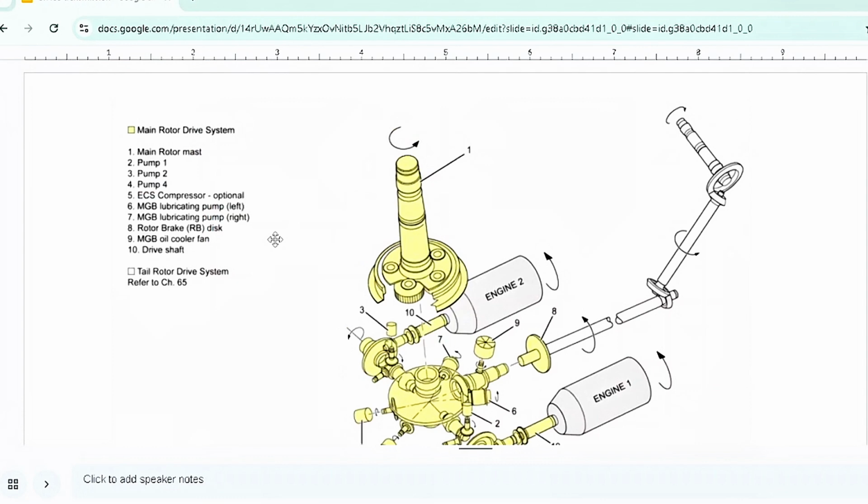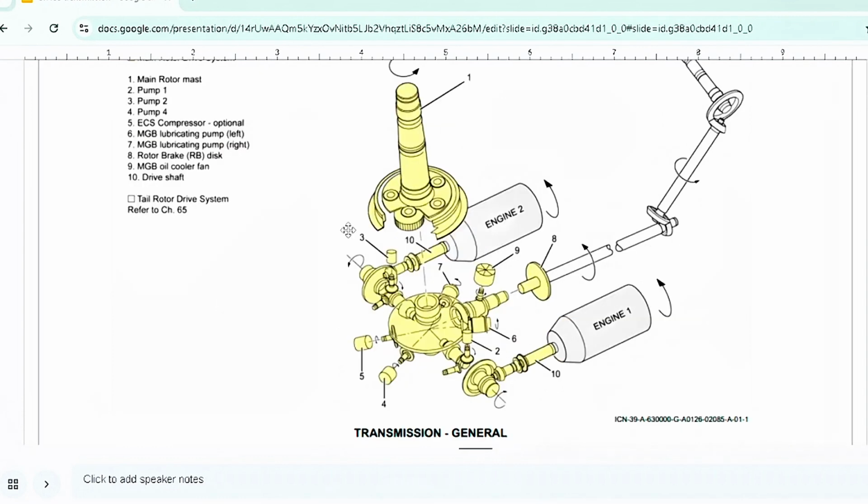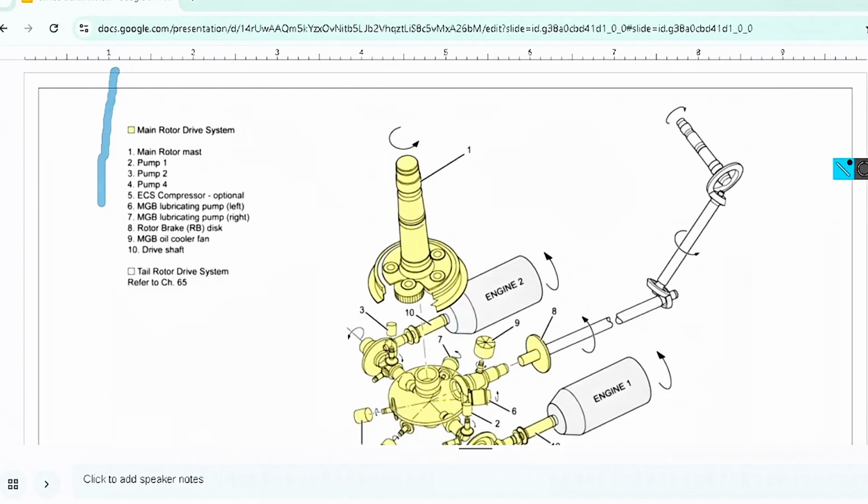Now here is the diagram of the AW139 transmission system, and some things are mentioned here. The main rotor is installed here. The tail rotor is installed here.